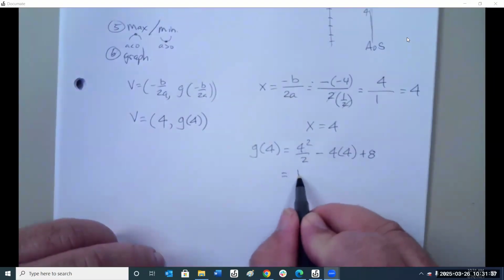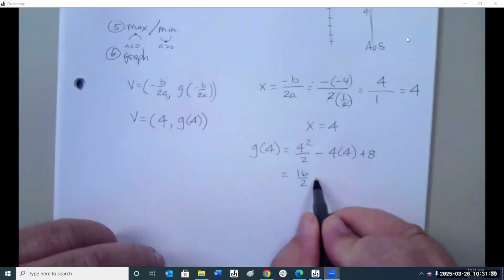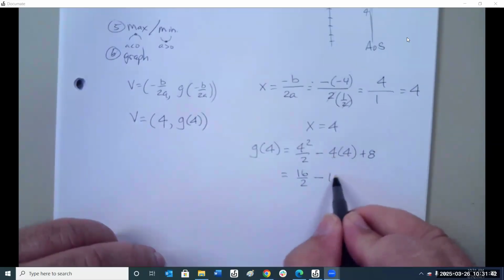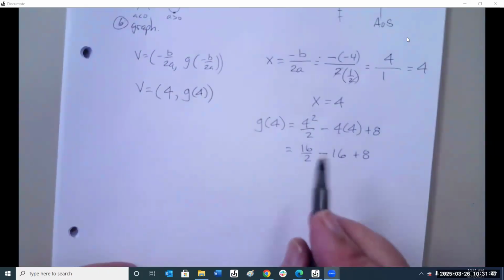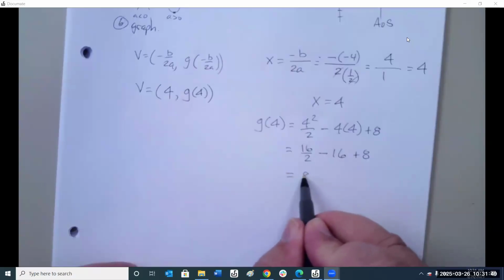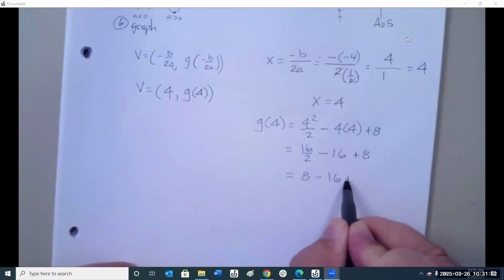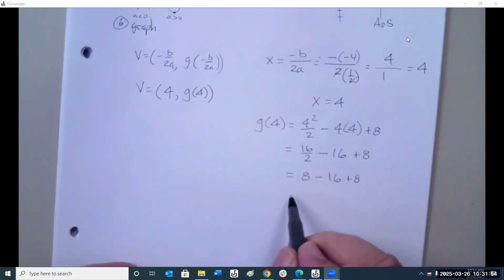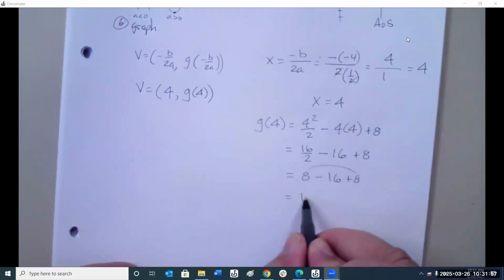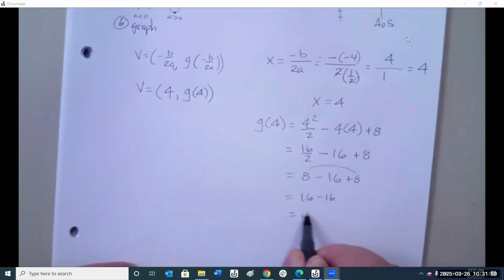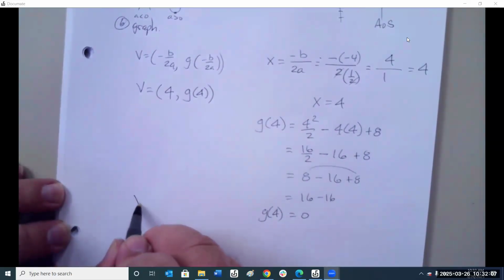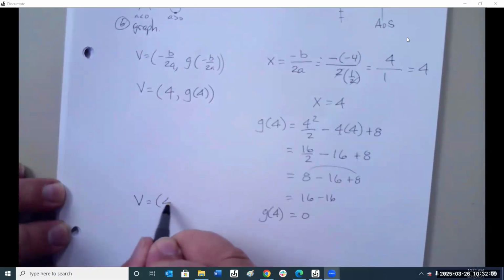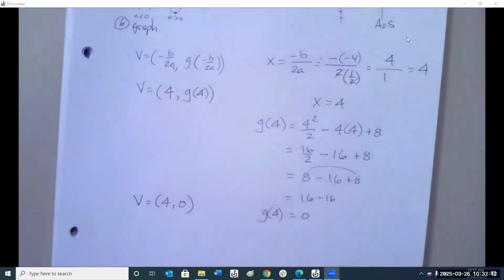Four squared is 16 divided by 2. 4 times 4 is 16 plus 8. 16 divided by 2 is 8 minus 16 plus 8. 8 plus 8 is 16 minus 16 is 0. So that says our vertex is at 4, 0.